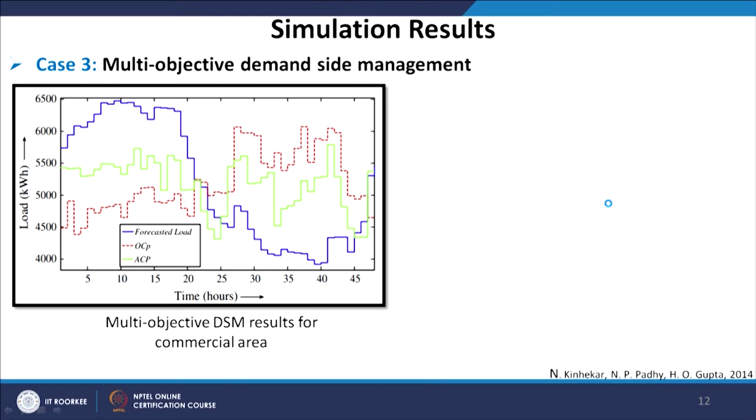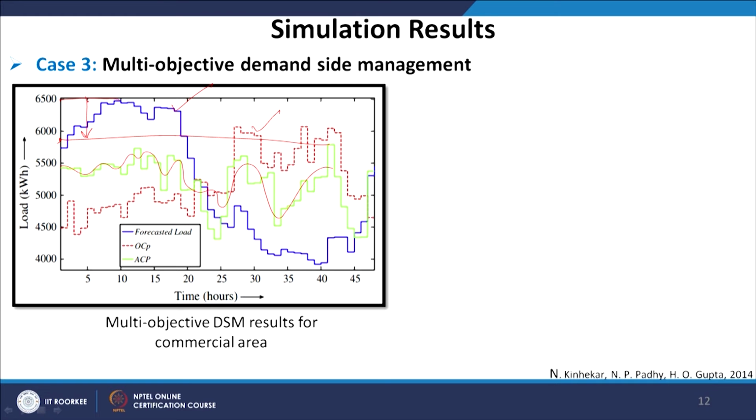Now, if you combine both the utility and customer goals, we can see the green characteristic which is in between the main objective, the actual load curve and the desired load curve. Here also the peak load comes out to be 5,800, whereas the actual was close to 6,400.